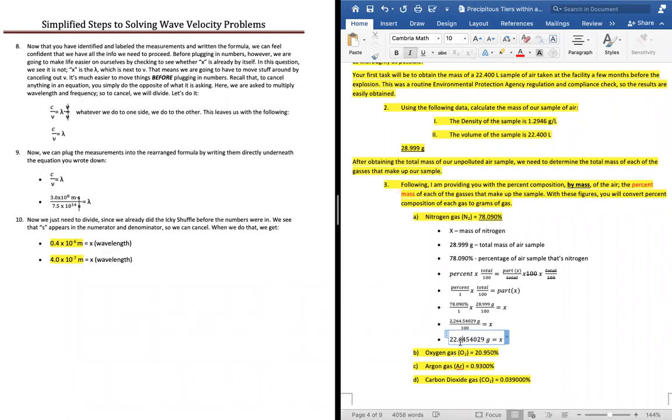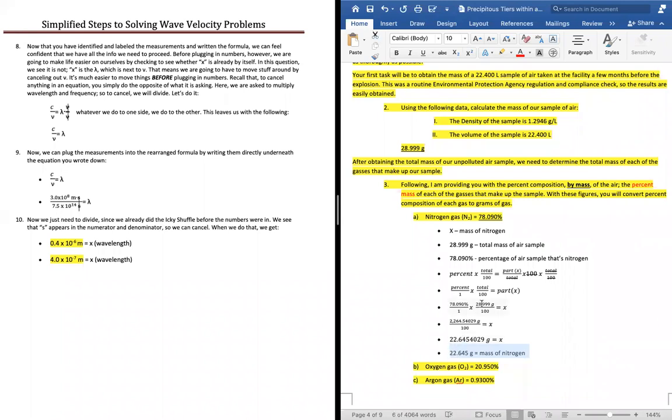So 1, 2, 3, 4, 5. So this is the 5th digit in line. So this is the one that gets rounded. So I look behind it and I see a 4. So that means this number just stays. So my true answer that you would write down is 22.645 grams. And that's going to be equal to the mass of nitrogen. So there's our true answer to that.